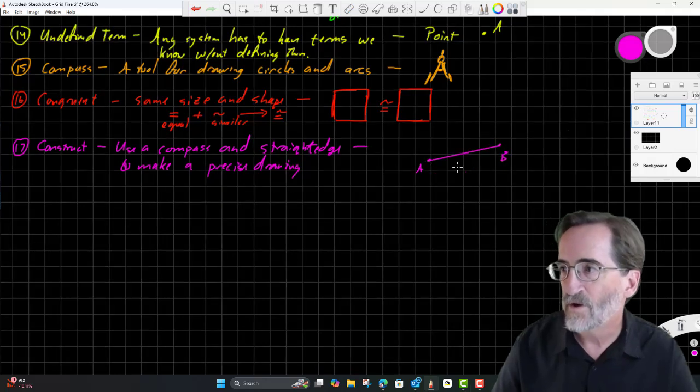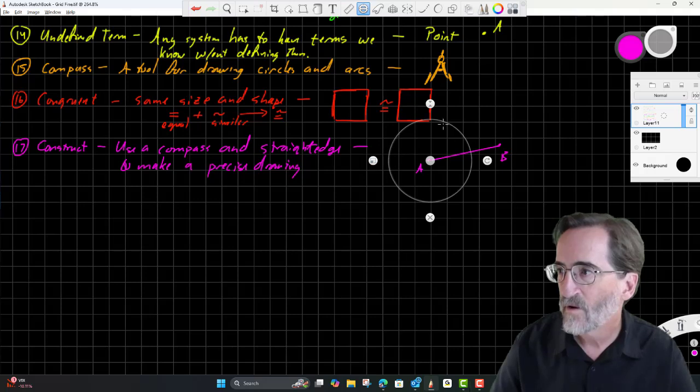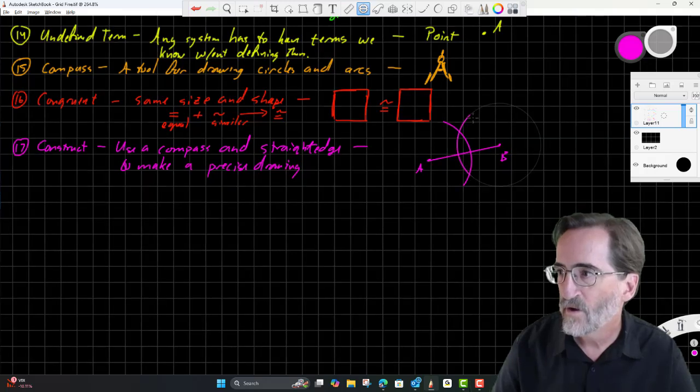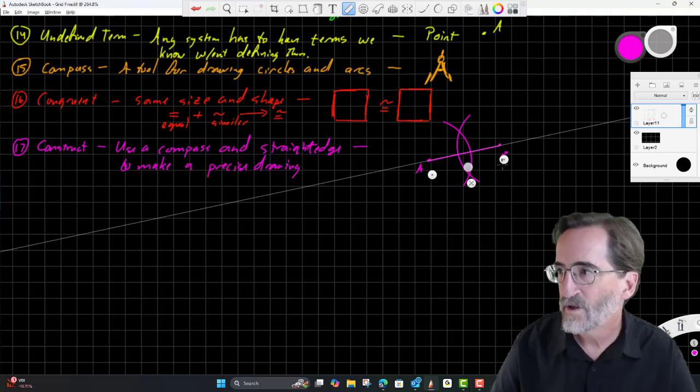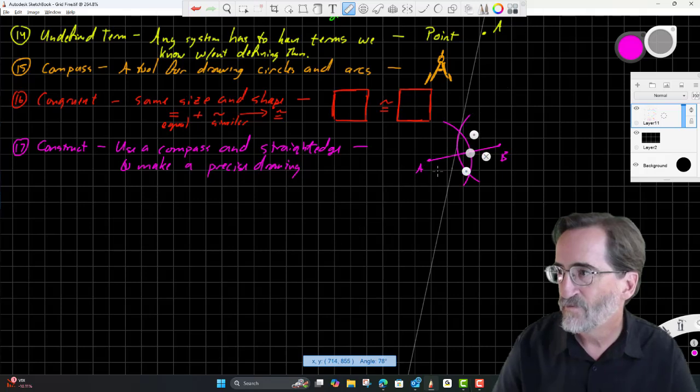So I'm going to draw an arc from A. And an arc, copy the same arc from B. And draw a line through the two intersection points. That makes what's known as the perpendicular bisector.